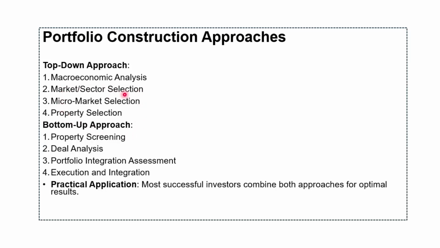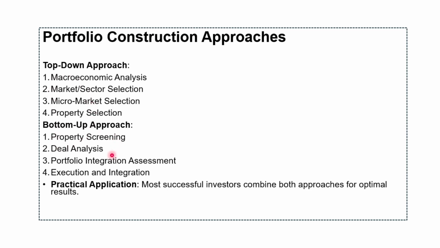Then market sector selection will be decided, and after that micro market selection will be made. Say, for example, in India they have decided to invest in Hyderabad. Then in Hyderabad, in which micro market they want to invest. So they are coming from top to bottom, and then ultimately in what property they would like to invest. This is your top-down approach.